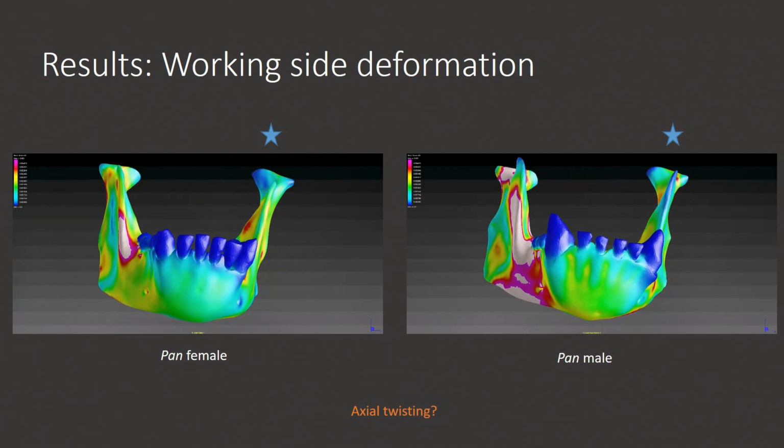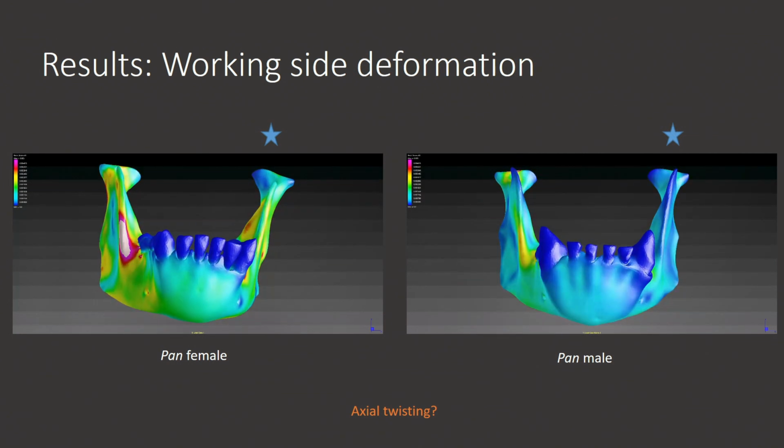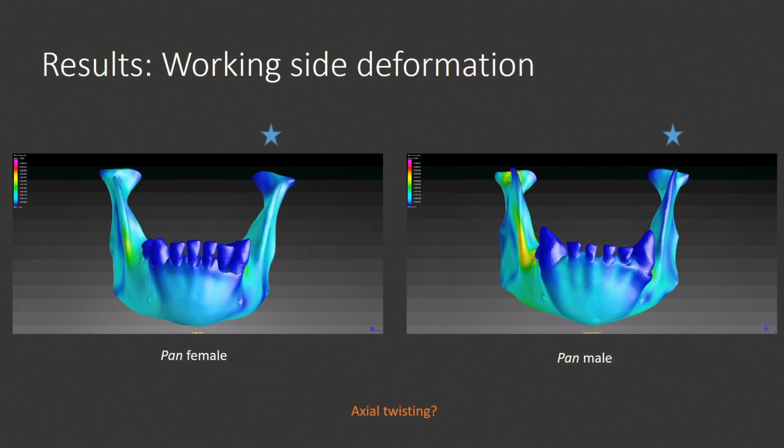So if we look at the animations again from the front, we can see the medial transverse bending, and it looks like the mandibular base is inverting slightly, while the anterior postcanine tooth row is slightly rotating outwards. So is there twisting on the working side?